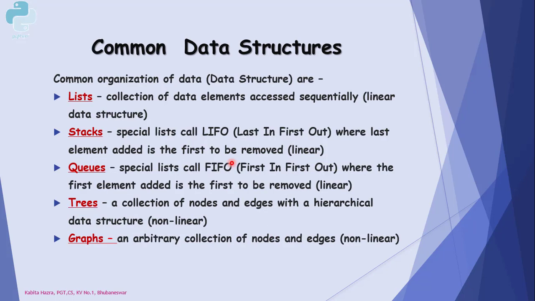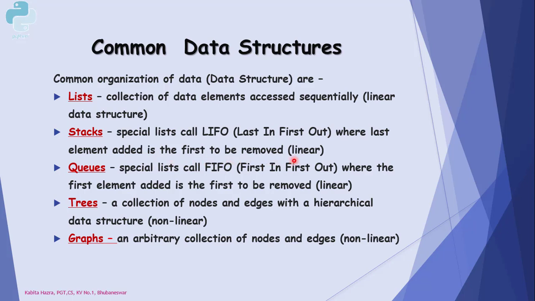Some common data structures. The most common data structure is a list. It is a collection of data elements that can be accessed sequentially, so it is a linear data structure. Stacks are special data structures and can be implemented using a list. They are known as LIFO lists, that is last in first out lists, where the last element added is the first to be removed.